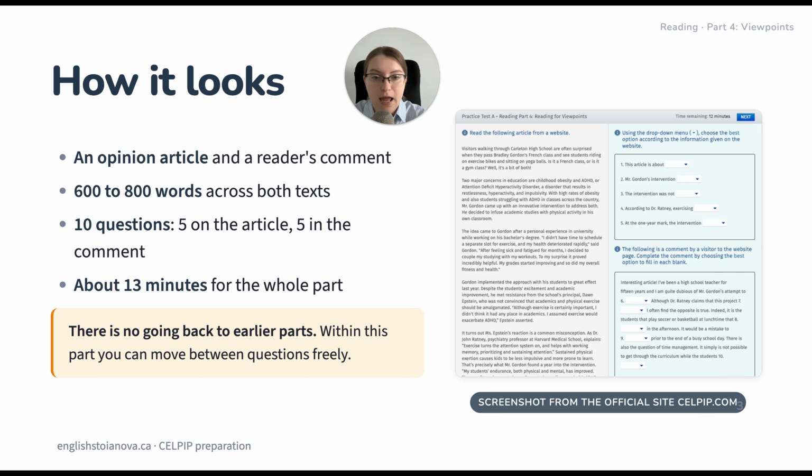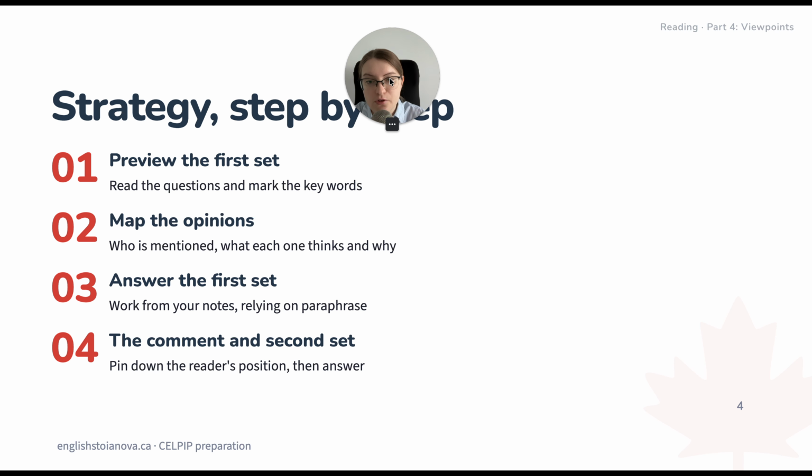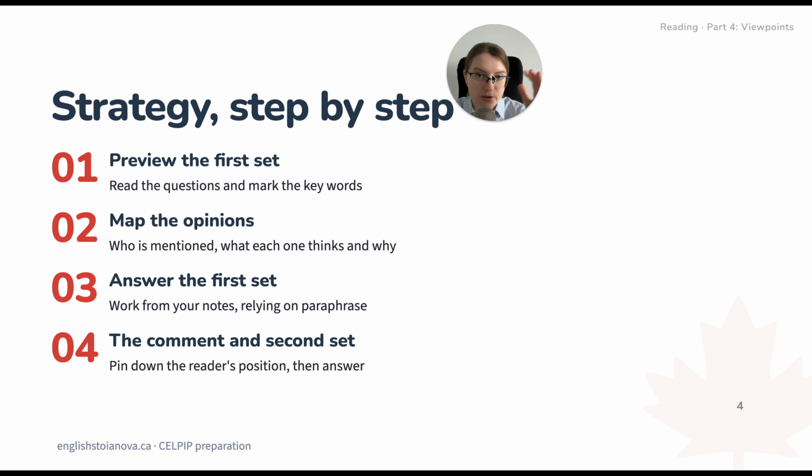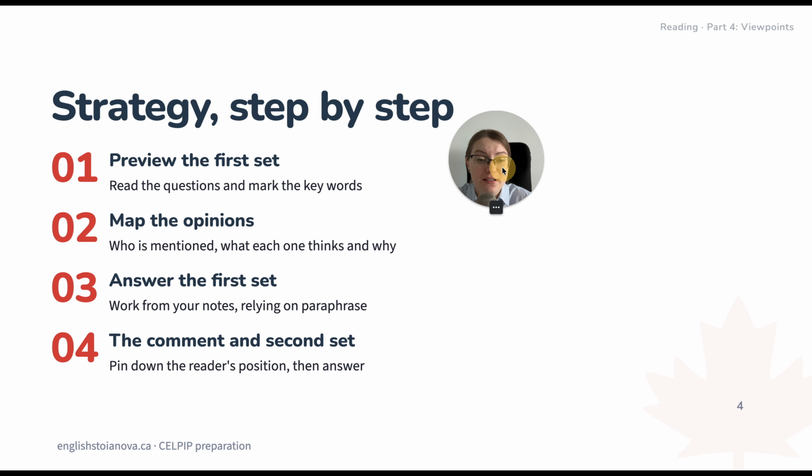On a real exam, you will see that you have about 13 minutes for this part, and time goes fast. Let's take a look at something. So first of all, I kind of talked about the strategy already, but you do not start by reading. Yeah, I know it's a reading task, but you do not just read for pleasure, because it's a test.